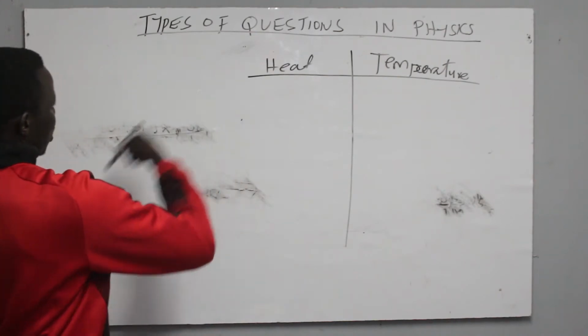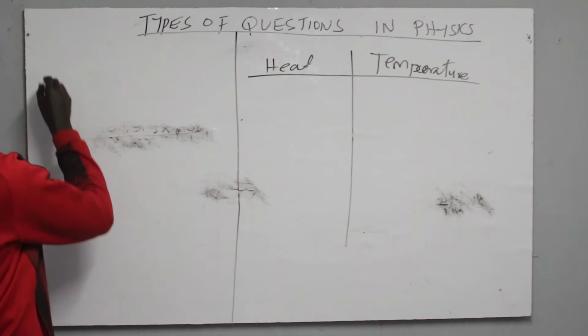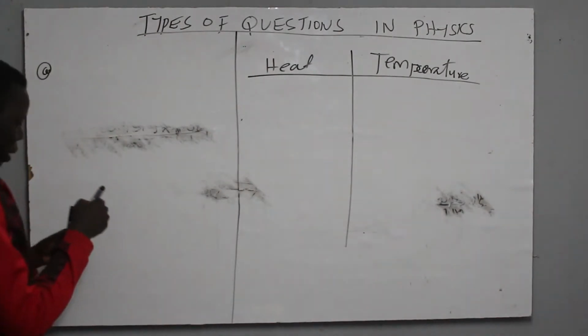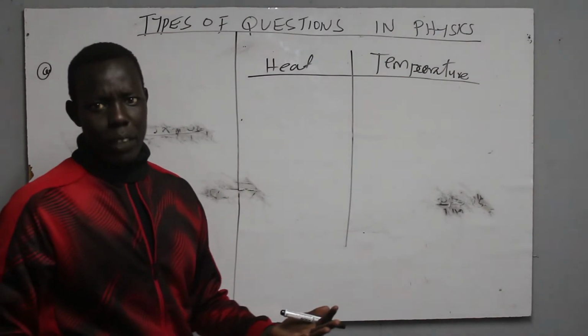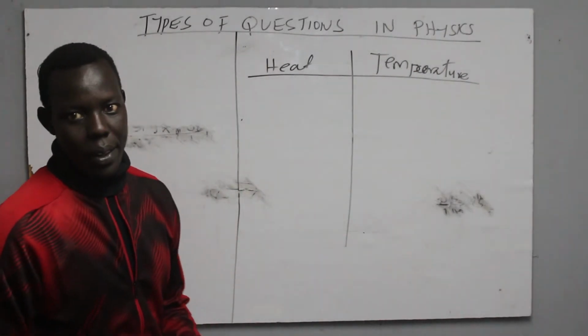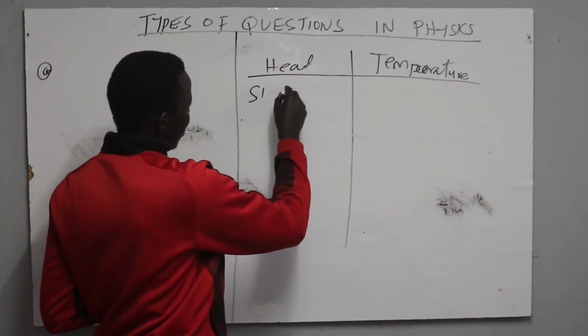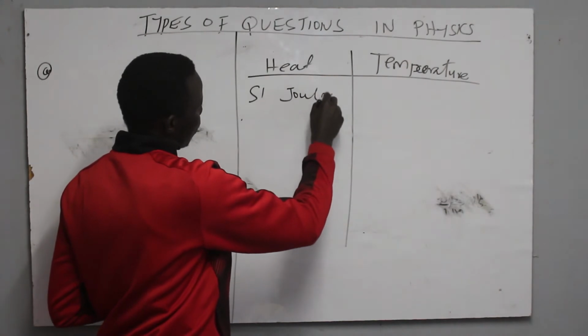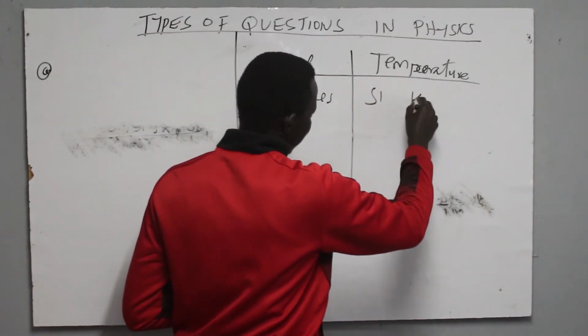Then that is another type of student, who will give the difference in point form. Look here. There are 3 ways we can differentiate heat from temperature. For example, SI unit is joules, SI unit is Kelvin.